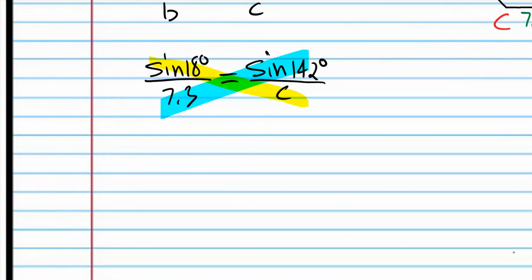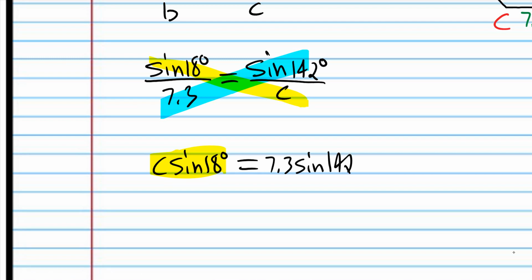So if we multiply the yellow, we get sine 18 degrees times C. And if we multiply the blue, we get 7.3 times sine 142 degrees. That's the blue product.